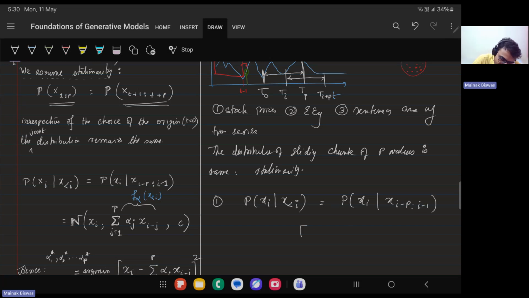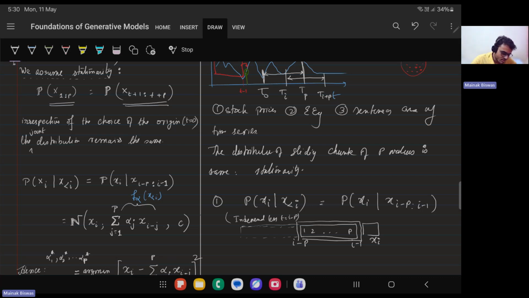So I may have a long sequence, 1, 2, dot, p, and this is my xi. I may have all this in the past, but my window will only consider predictions from this, and it is independent of the past, independent of anything earlier than i minus p.